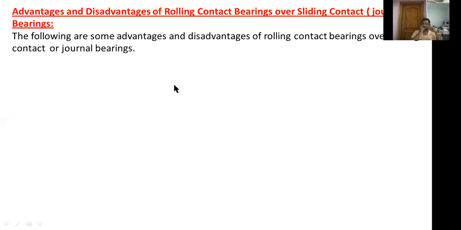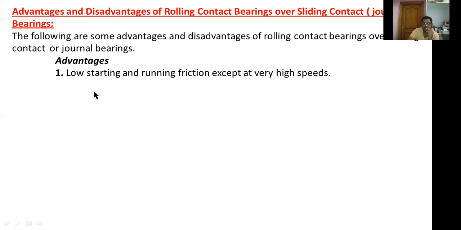First, the advantages of rolling contact bearings over journal bearings.